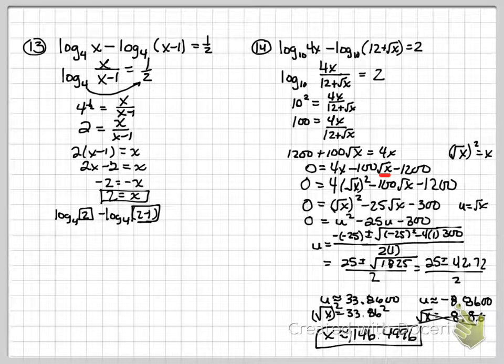Alright, let's move on to 15. I'll do 15 and 16 on this next slide, and then we'll do 17. And then on that last slide, I'm going to put the word problem all by itself.